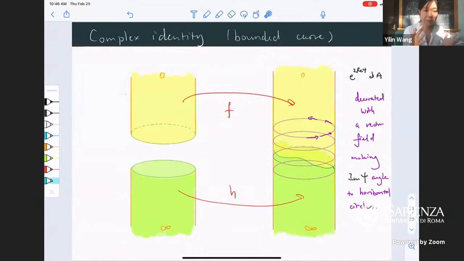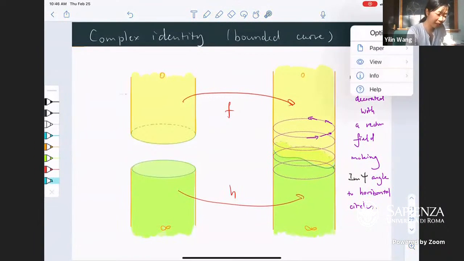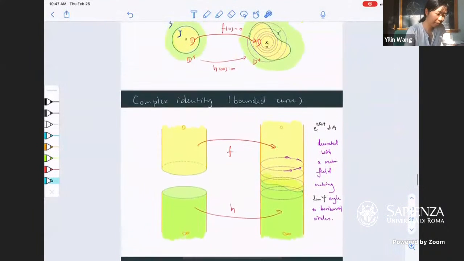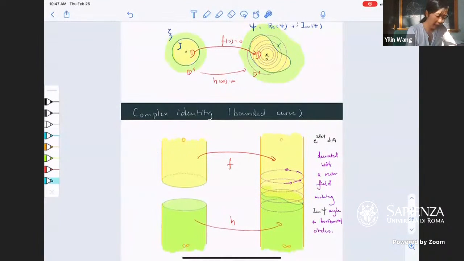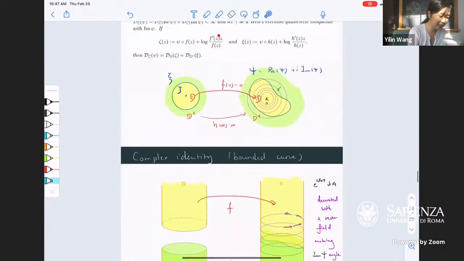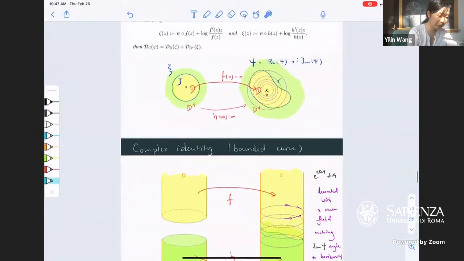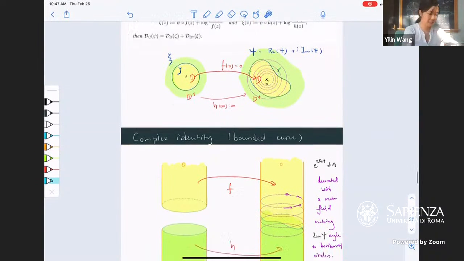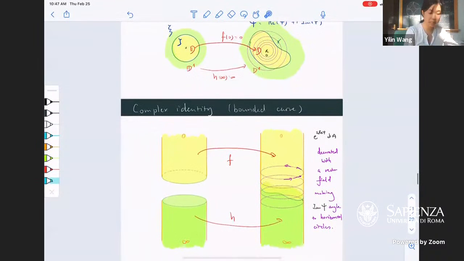Maybe a better way to view this is in this picture. Let me just put this part together. We can interpret here this Z and FC. It is very tempting to project this complex plane onto the cylinder, where 0 is sent to this end, infinity is sent to this end.